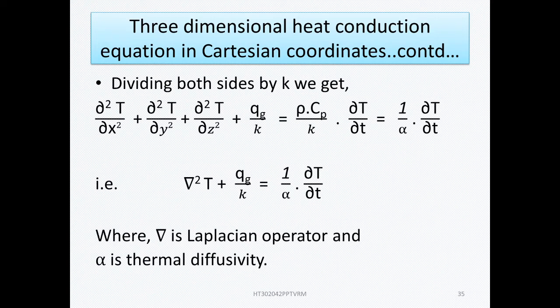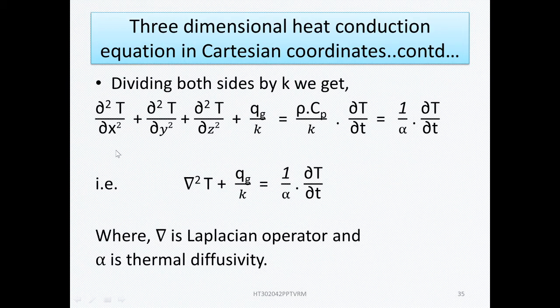Here we can replace the term rho Cp by K with a new term called 1 upon alpha. The first three terms on the left-hand side we can take as the Laplacian operator, indicated by the sign grad.